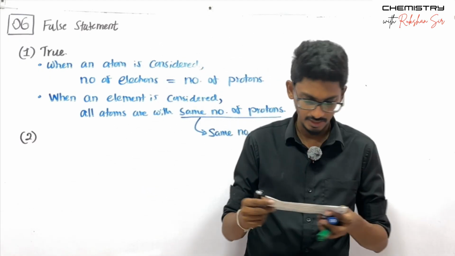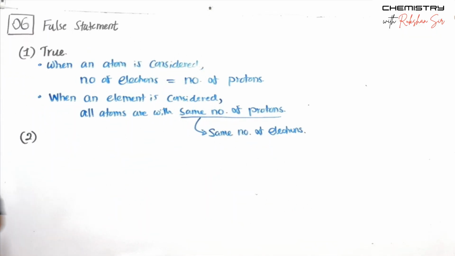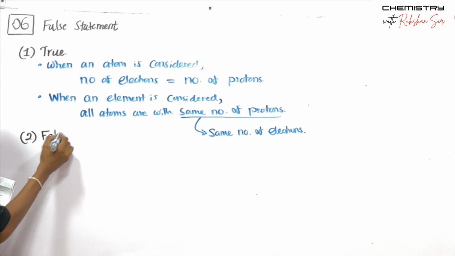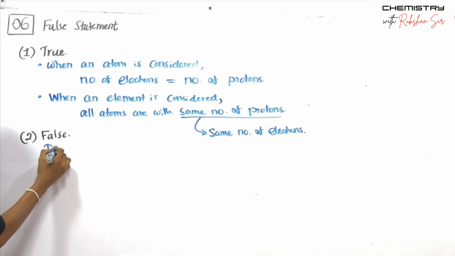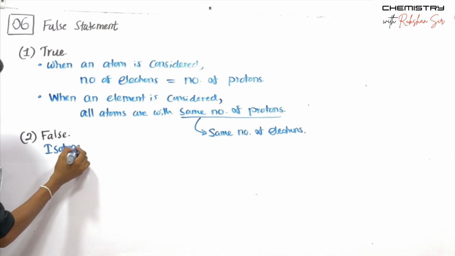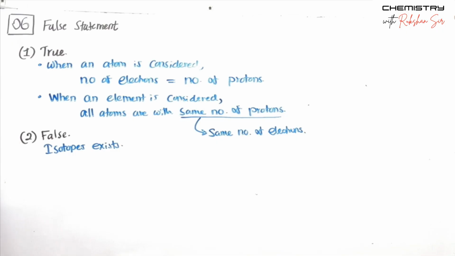Okay, second statement: every atom in an element has an equal number of neutrons. That is not going to be the same, right? That is false. Isotopes exist. What are isotopes?